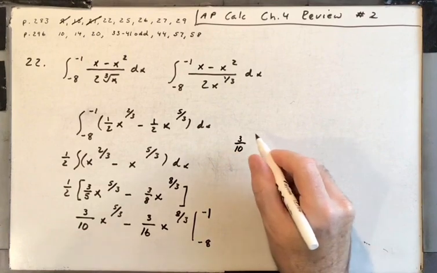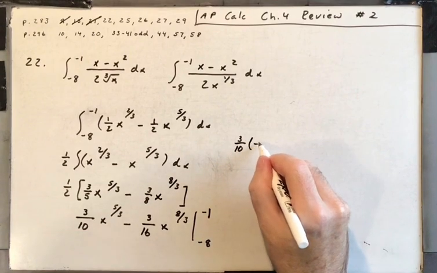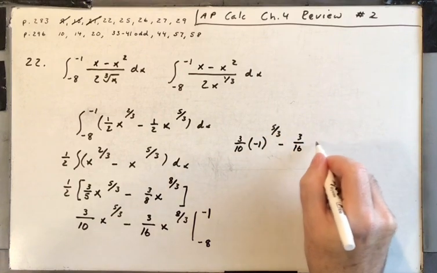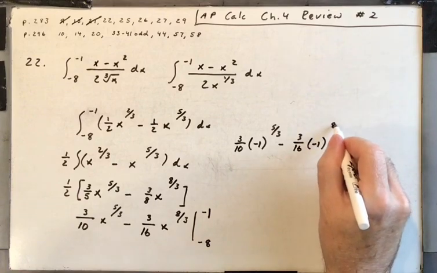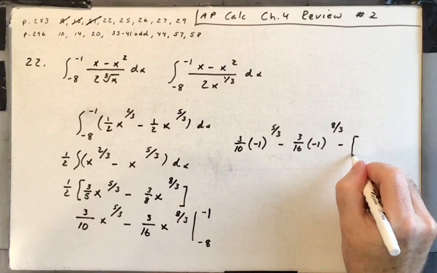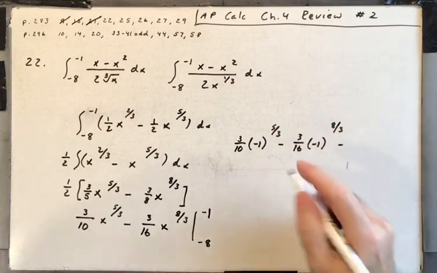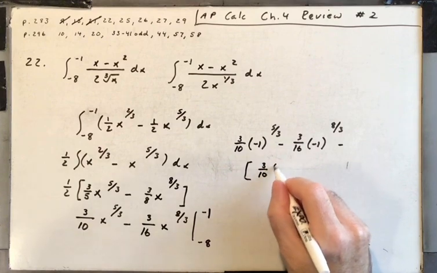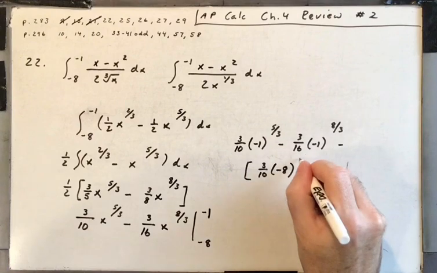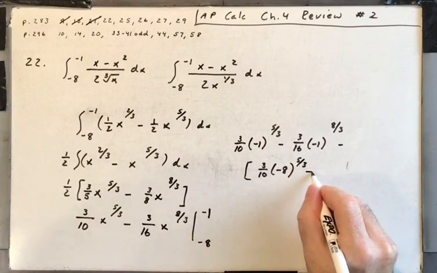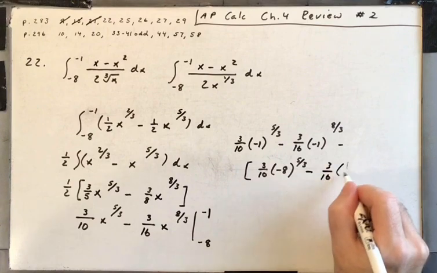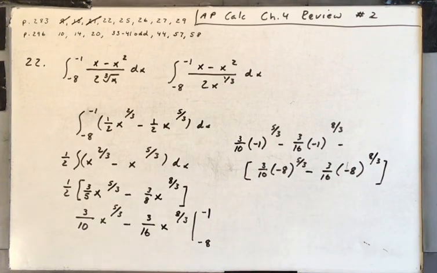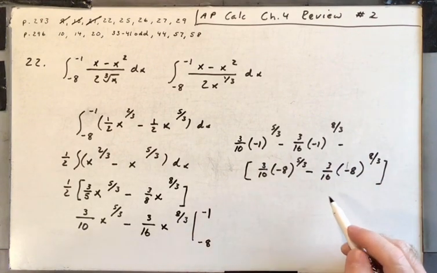You could just use your calculator, but that's 3/10 times -1 to the 5/3 minus 3/16 times -1 to the 8/3, minus, let's go ahead and bring that bracket down here, minus 3/10 times -8 to the 5/3 minus 3/16 times -8 to the 8/3. Oh man. So a calculator would be helpful there.